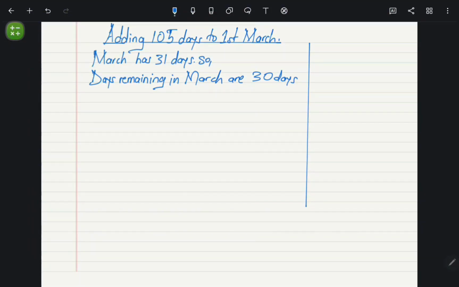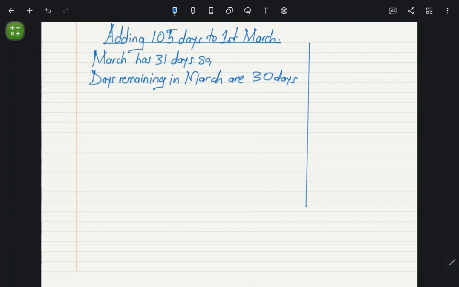So I was saying earlier that we have to add 105 days to 1st March, but the way that we are going to add the 105 days to 1st March is that we are going to be removing from 105 days the number of days that align with the number of days found in each of the months that follow March. It may sound confusing, but when you watch me working it out, it is going to look very easy.